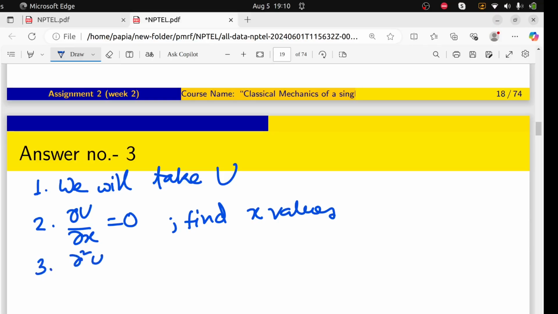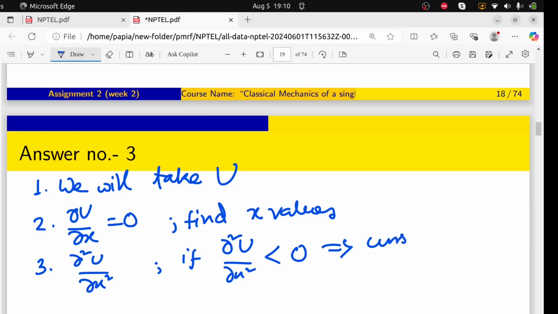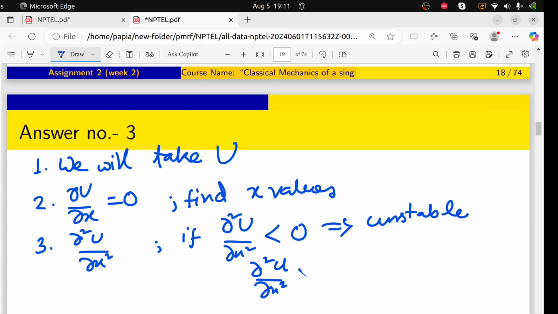Then calculate d2U dX2. If d2U dX2 is less than 0, it is an unstable point. If d2U dX2 is greater than 0, that is a stable point.